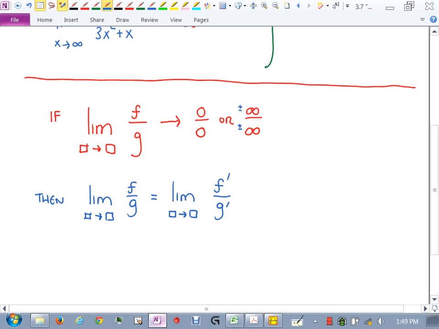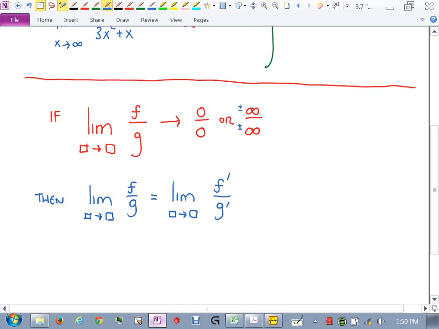So what is that saying? If you're trying to find a limit and you're having trouble because you're getting 0 over 0 or infinity over infinity, instead of looking at f divided by g, look at the derivative of f divided by the derivative of g. This is not the quotient rule, right? This is one of the rare times ever you're allowed to just take the derivative on top and bottom separately. Whatever this answer is, it is the answer to what you're trying to find.